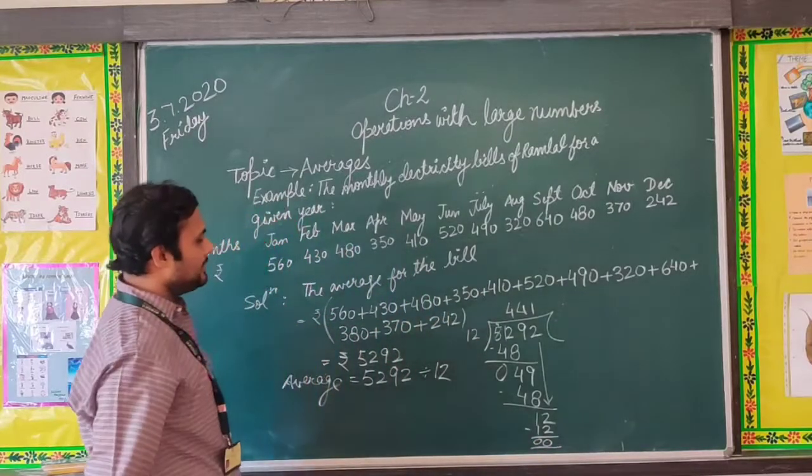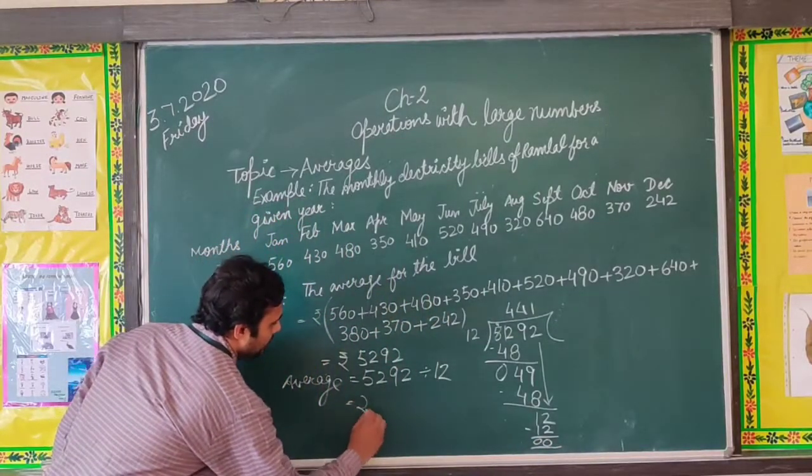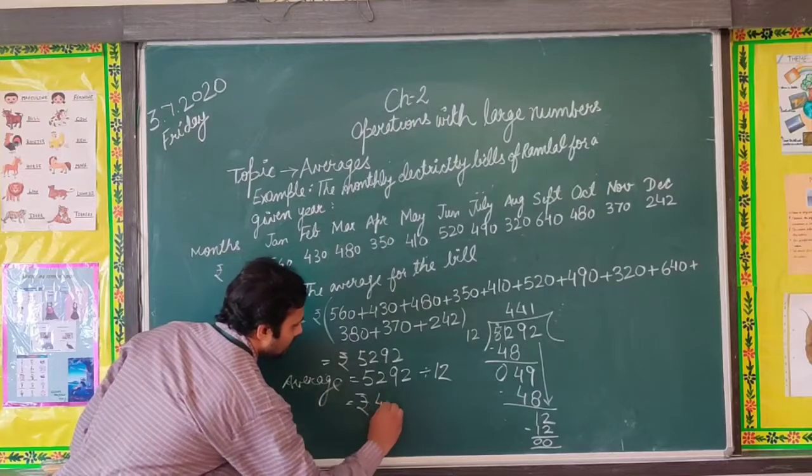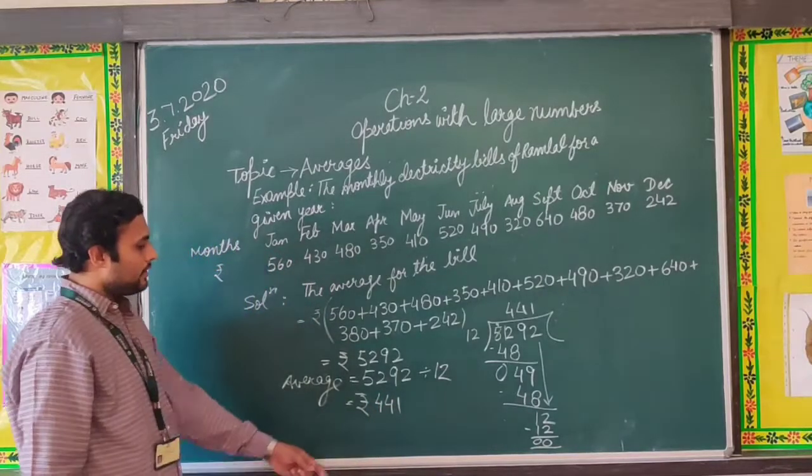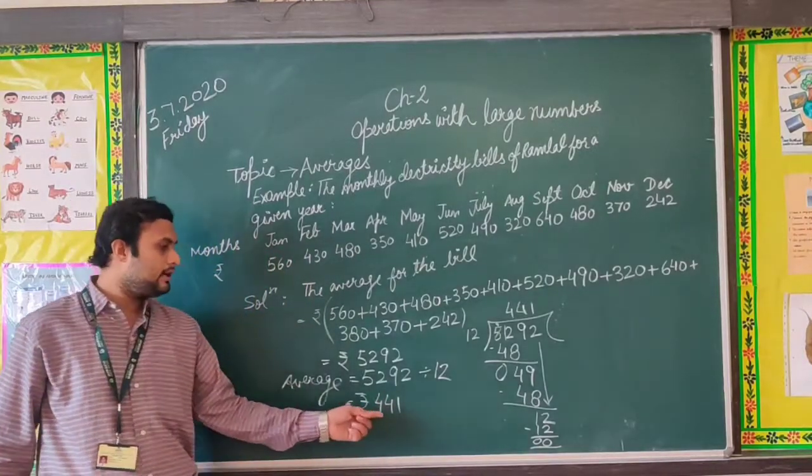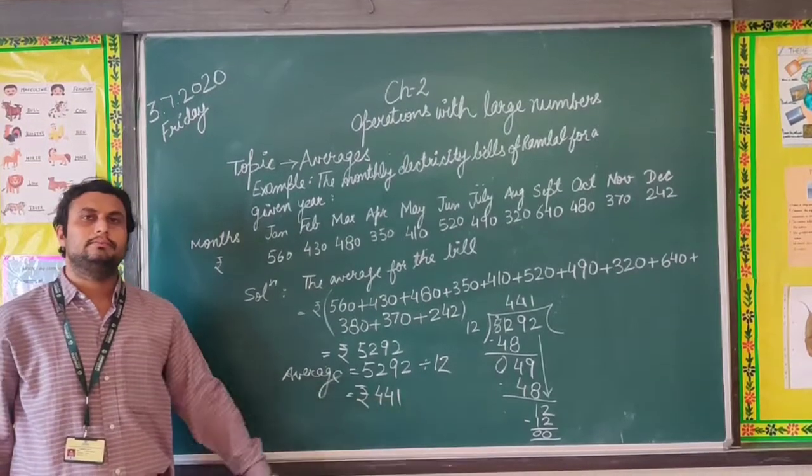So what answer do you get? On an average, Ramlal got 441 rupees. So this is the average bill.